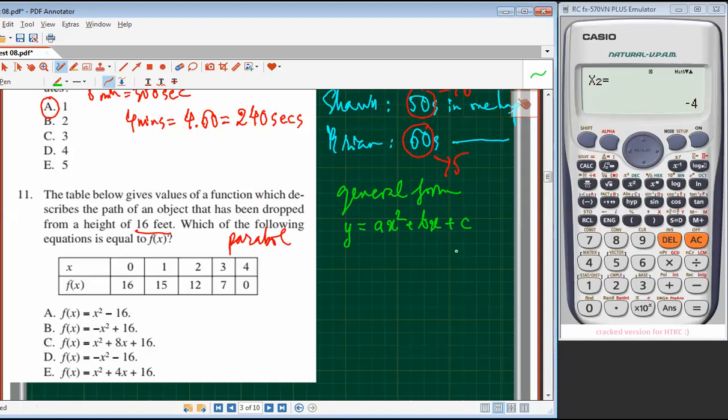It is very simple. We just take the value of the points. For example, this one, we take with the 0, 16. That means s equal to 0 and y equal to 16. We get 16 equal to c.